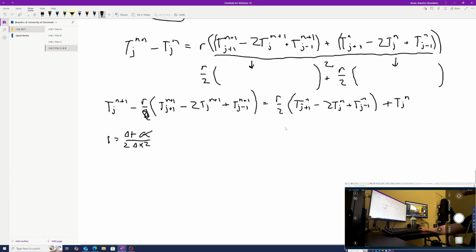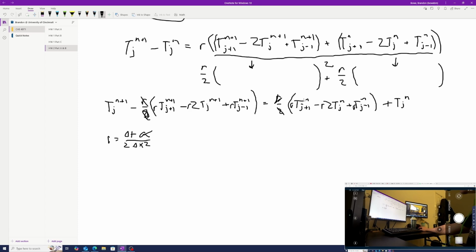So this will just be r, this will just be r. And what we can do is multiply this r into all of these, giving us r times Tj plus 1 n plus 1, 2 times r Tj n plus 1, and then r once again. We can do the same thing over here, r, r, r.